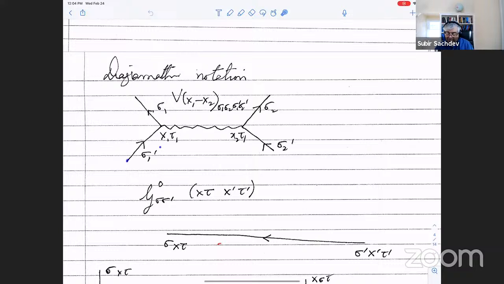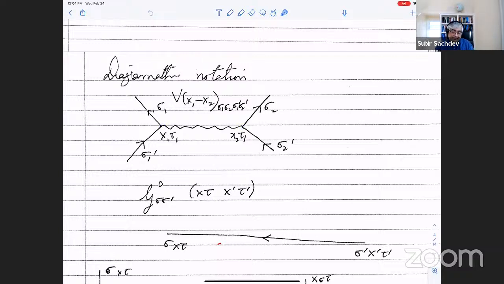The particle lines can carry spin indices and various other indices that the particles carry. And then the interaction can depend on everything in general. It can depend on the space-time positions, on the spins of the particles involved, whatnot. Okay. So that's the basic ingredient.